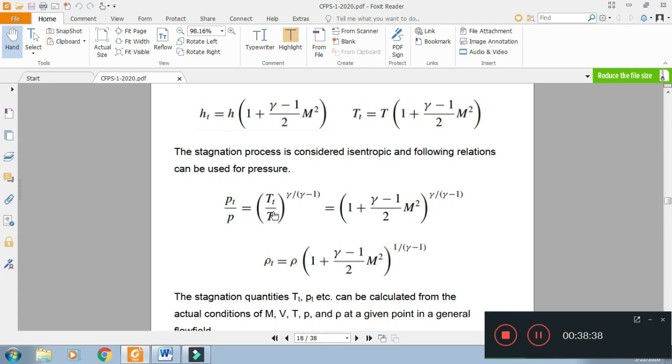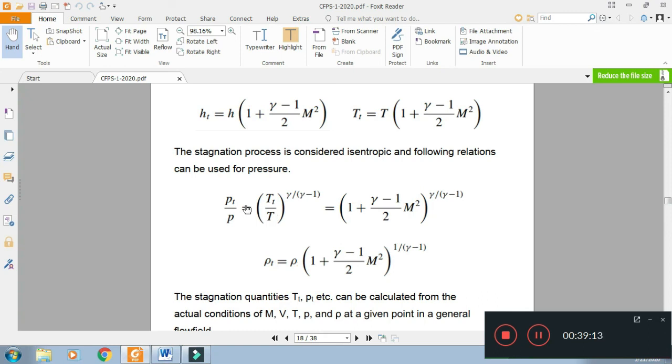For the definition purpose of stagnation pressure, we assume an imaginary process between the static quantity and the stagnation quantity. We are assuming an imaginary isentropic process between static and stagnation condition.